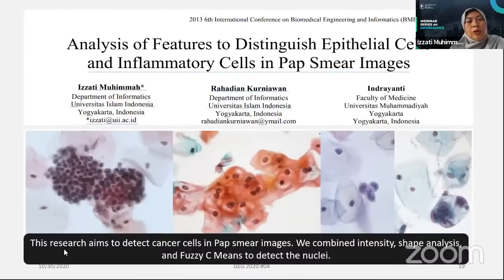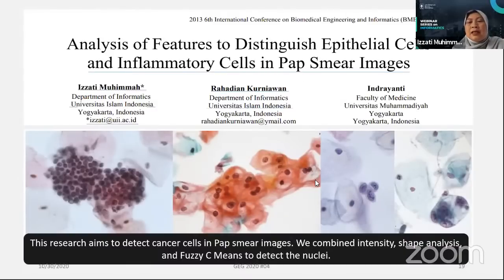To achieve the aim of detecting the cancer cell, we targeted the nuclei. We combine intensity, SEP analysis, and fuzzy semin to detect the nuclei. After we know the nuclei, we check the surrounding cytoplasm.